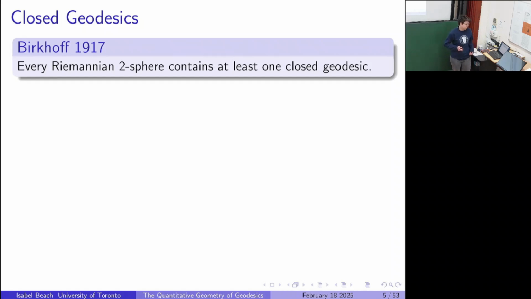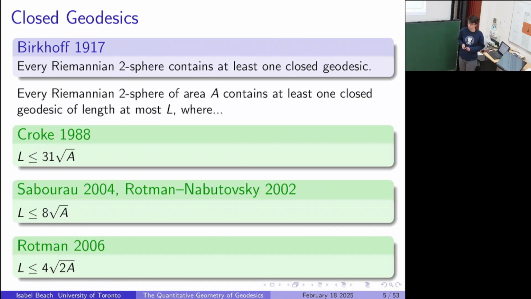One of the first existence theorems that we're going to talk about today is due to Birkhoff, who proved that every Riemannian two-sphere has at least one closed geodesic. So this is our algebraic existence theorem, and a quantitative version asks how long that geodesic can be. These theorems all relate it to the area of the sphere.